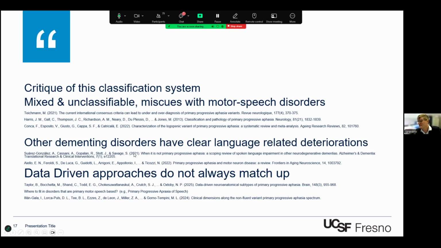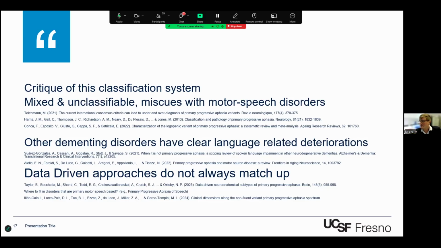And then there's also the acknowledgement that other dementing disorders have clear language-based changes that may overlap with these syndromes. That overlap means that these are somewhat less clear if we're using them for things like prognostics and functional implications.